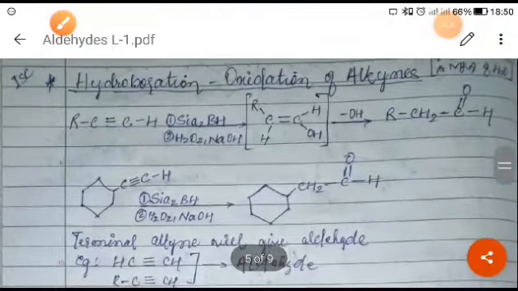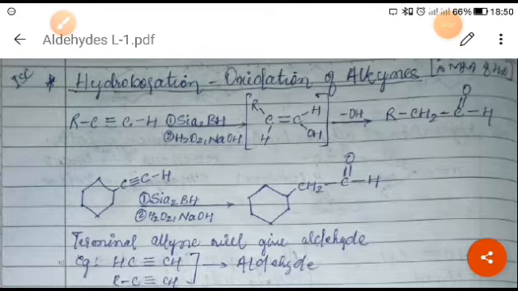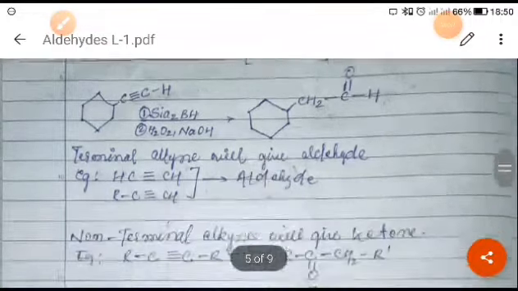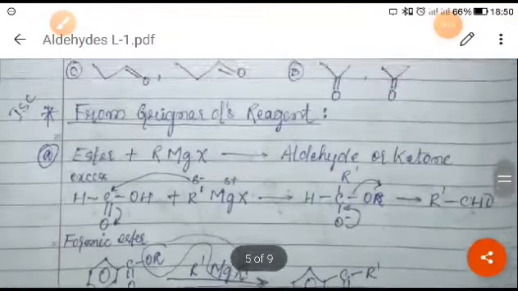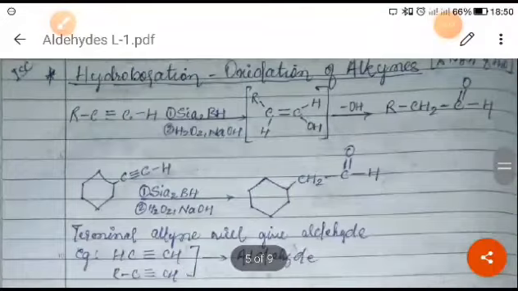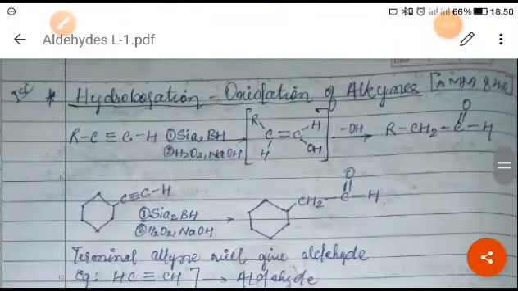Now next we will see hydroboration oxidation of alkyne. Oxidation of alkyne is of two types actually: one is by hydration of alkynes, and another one is the hydroboration oxidation reaction. First we will see the hydroboration of alkyne.